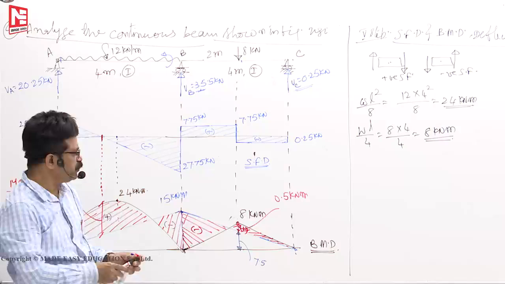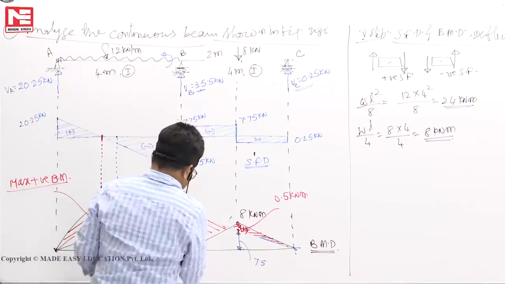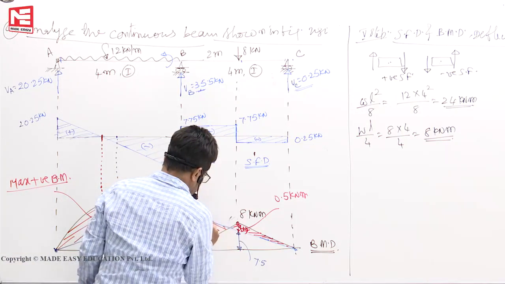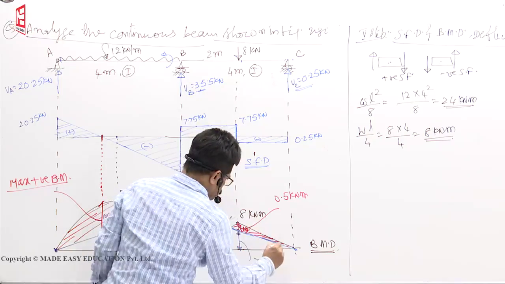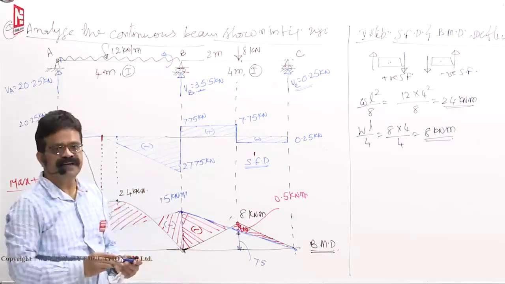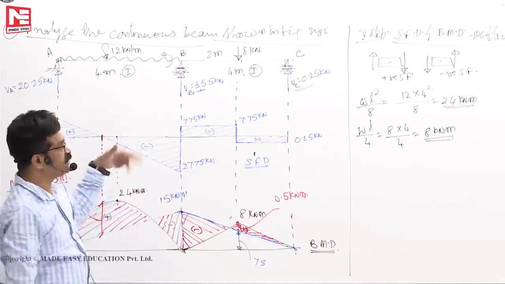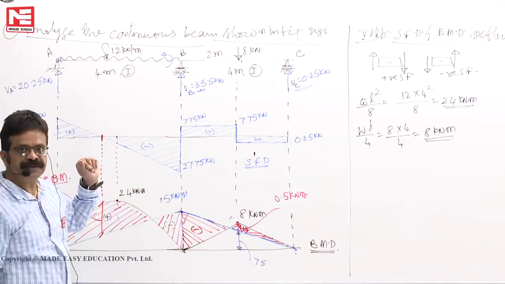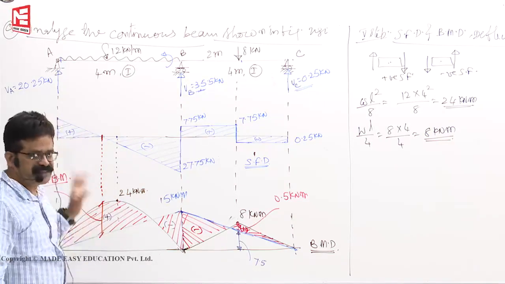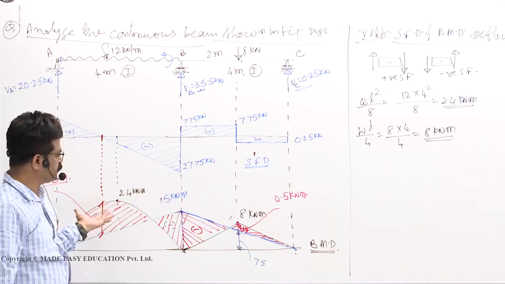See, whatever we have studied in strength of materials, now everything matches. What you have learnt? If shear force changes its sign from positive to negative, at that location bending moment is maximum. So maximum happened.